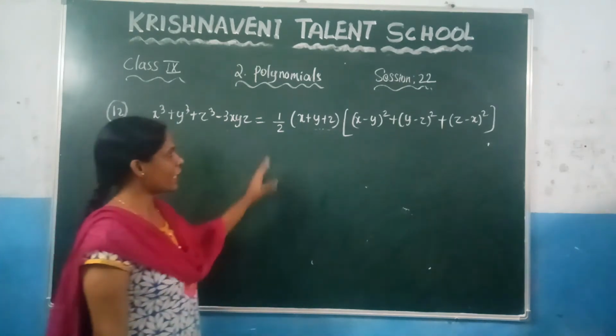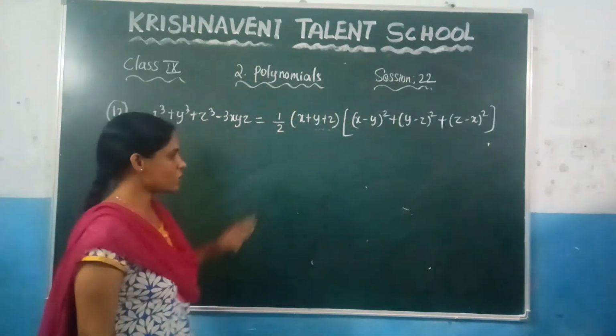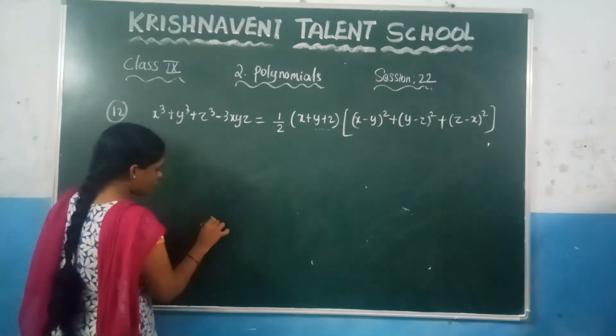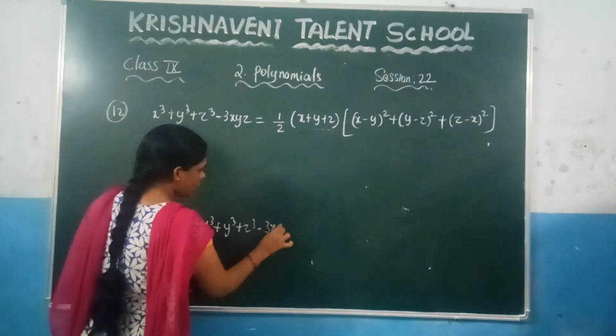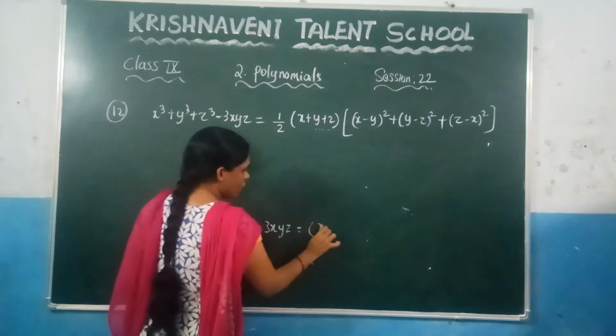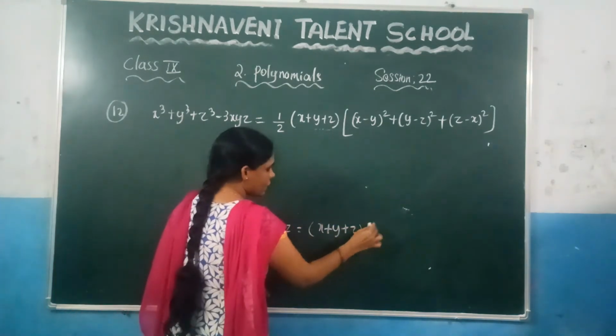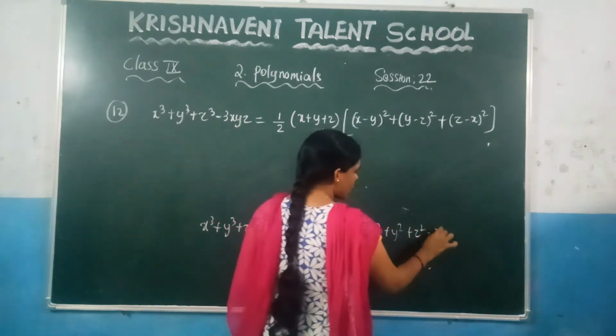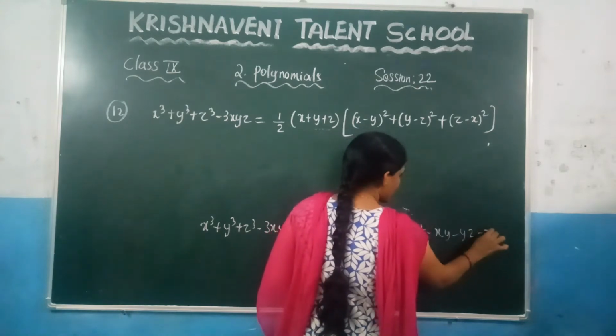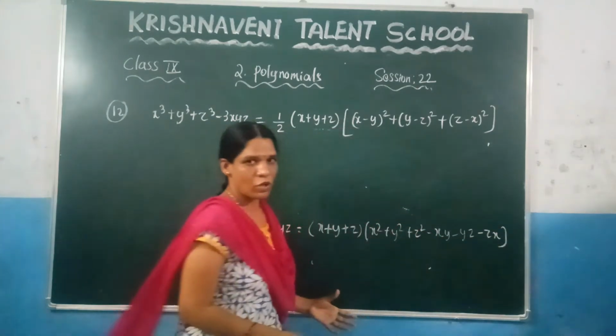So the formula for x cube plus y cube plus z cube minus 3xyz is nothing but x plus y plus z into x square plus y square plus z square minus xy minus yz and minus zx. This is the formula you know.